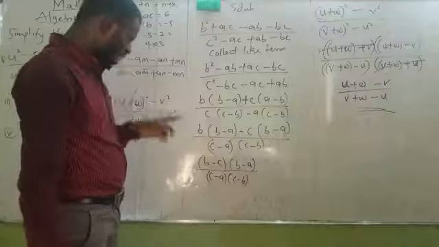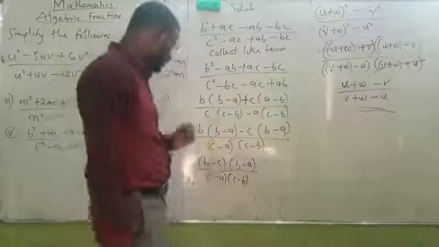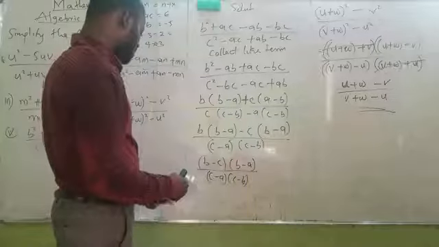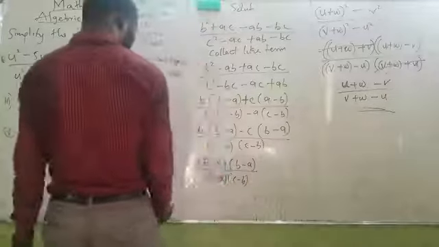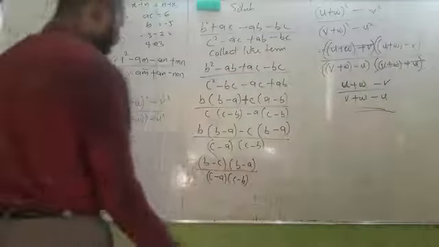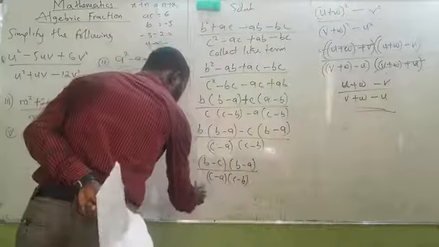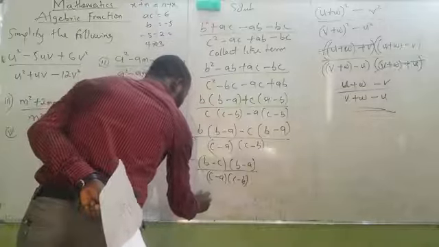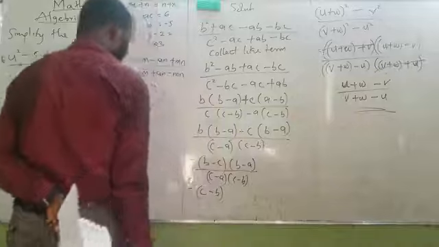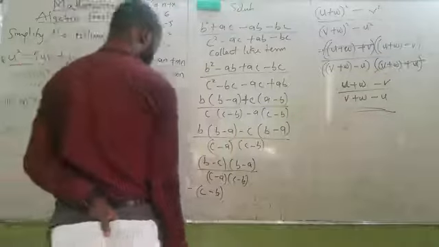Now I have something similar, but I've not seen it very well. If I decide to attach minus to this place, it means I'll be having c minus b. Don't forget, minus will surely be here. Yes.